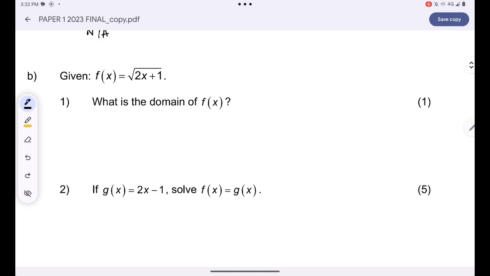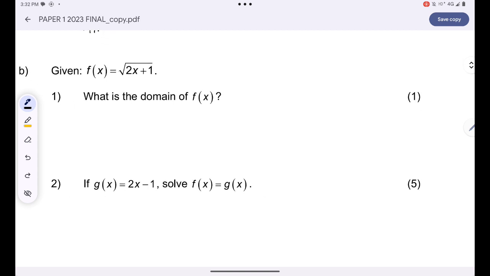Okay, I'm supposed to write down the domain of f of x, if f of x is equal to the square root of 2x plus 1. So f of x will be real according to x if and only if whatever is inside the square root is greater or equal to 0.